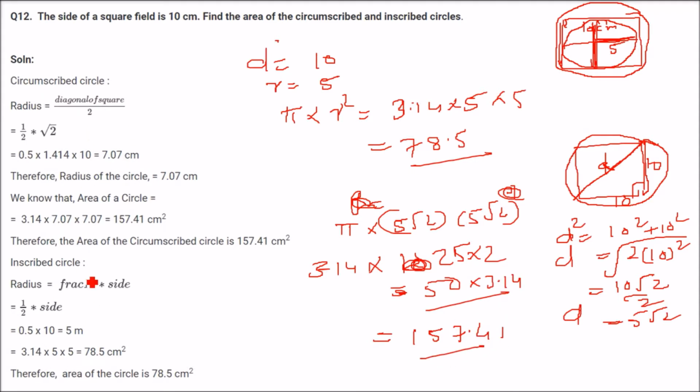So this is the area of the circle. Another way also you can solve it. But the main idea is that the side will be the diameter of the inscribed circle, and for the outside or circumscribed circle, the diagonal will be equal to the diameter.